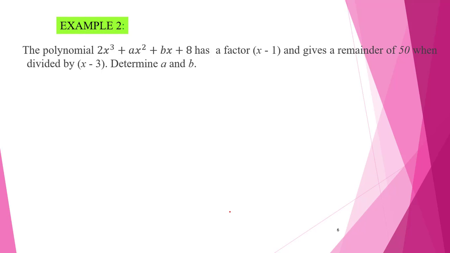The polynomial 2x to the power of 3 plus ax squared plus bx plus a has a factor x minus 1 and gives a remainder 50 when divided by x minus 3. Determine a and b. We have some information here: x minus 1 is a factor, and when the polynomial is divided by x minus 3, you will get a remainder of 50.